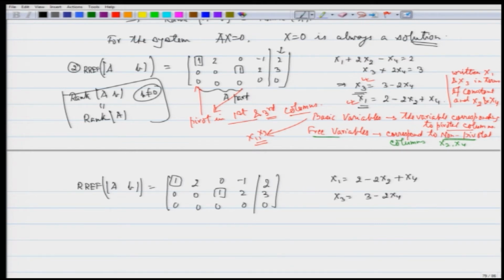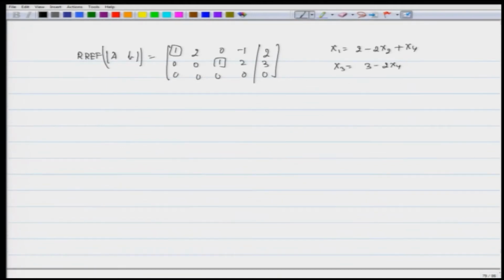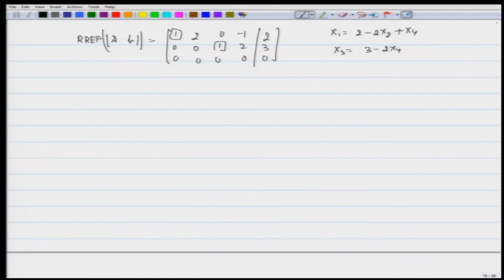Let us go back and rewrite it nicely now. Let me write the solution x as x1, x2, x3, x4. What we see here is that x1 is 2 minus 2x2 plus x4. x2 has no change because it is just a free variable. x3 is 3 minus 2x4, and x4 is also free, I can leave it as it is.